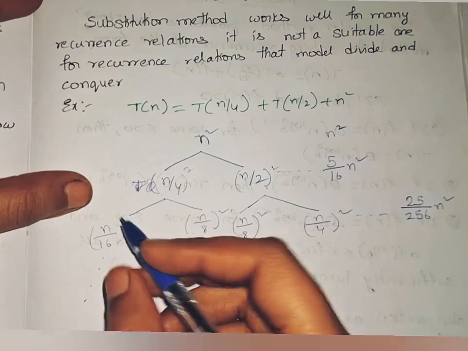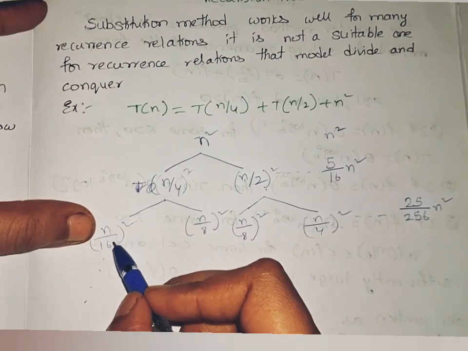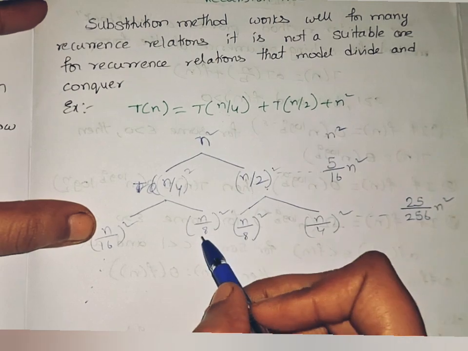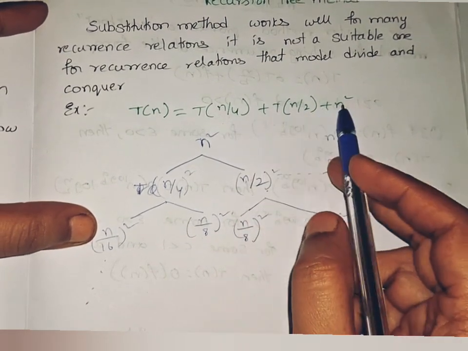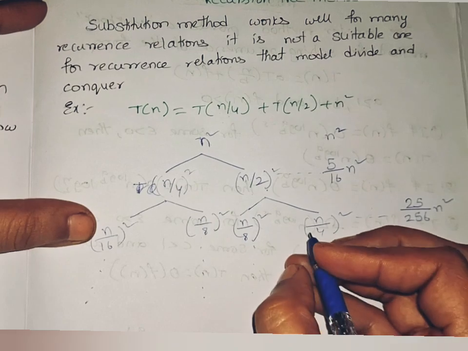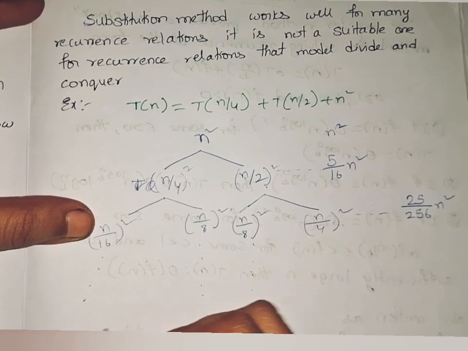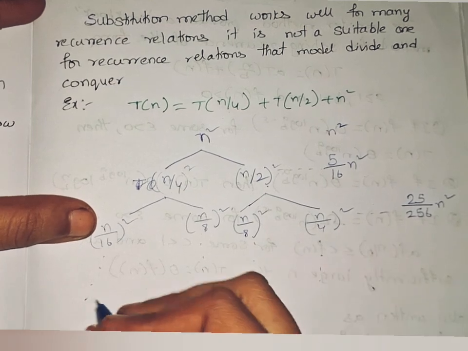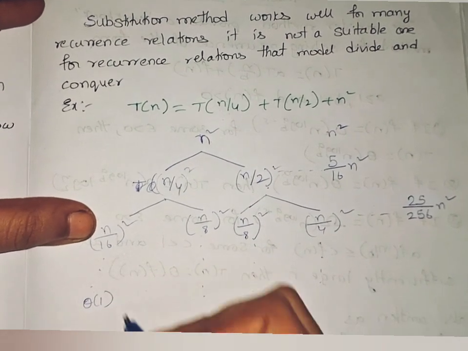Again we substitute (n/16)^2 and (n/8)^2 into n/4 and n/2, and this process will continue. At the end these are all constants, so theta of 1.